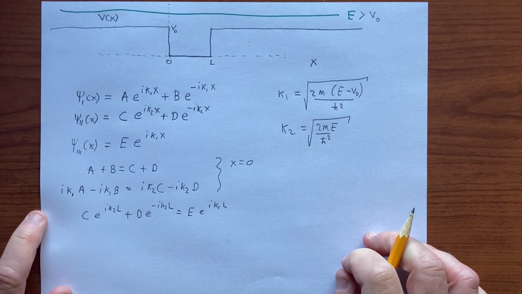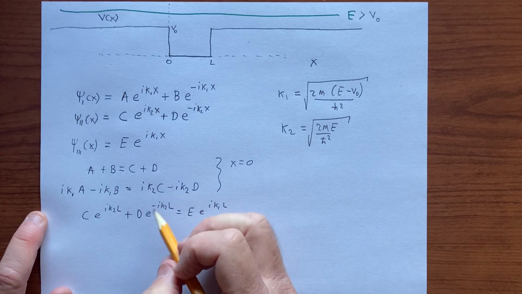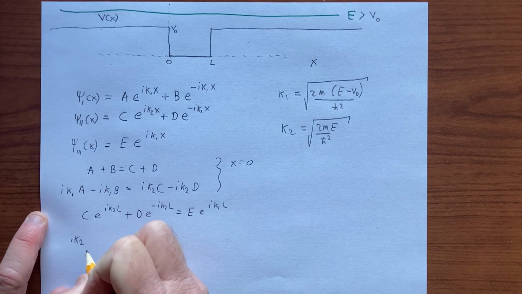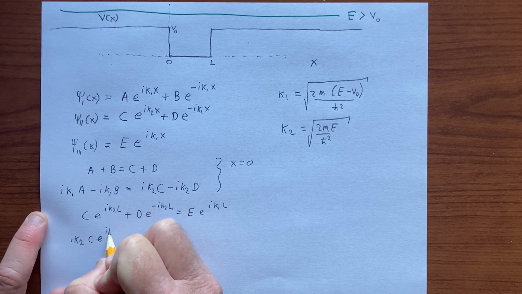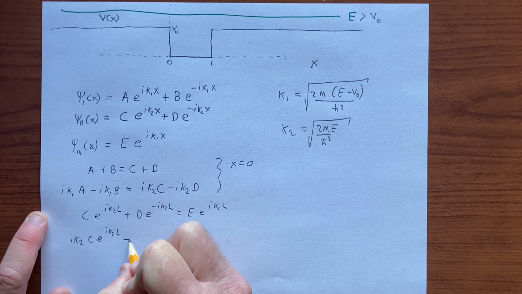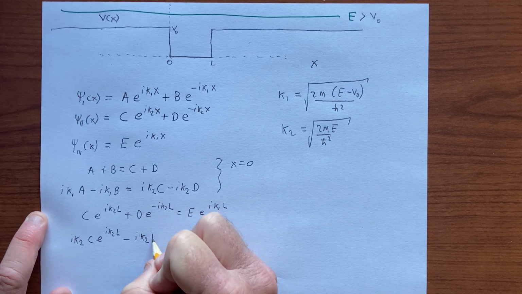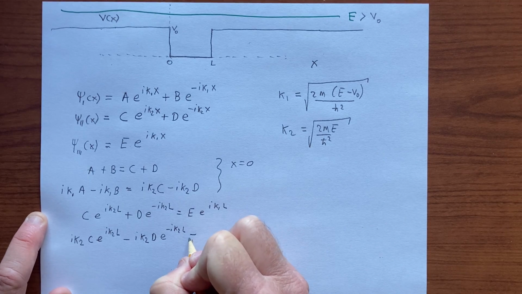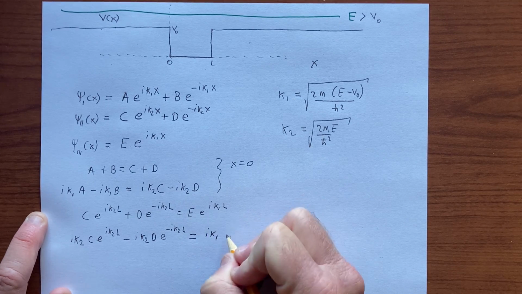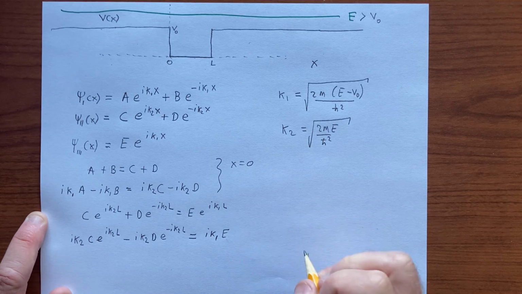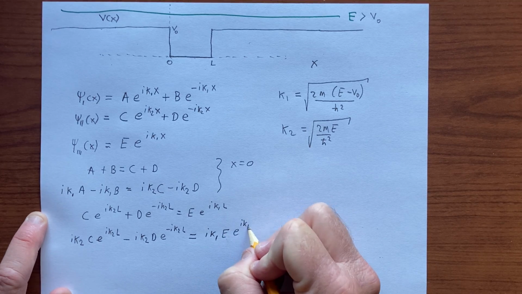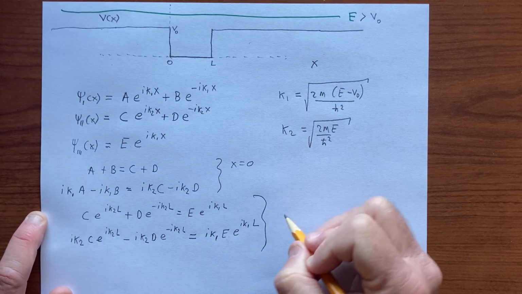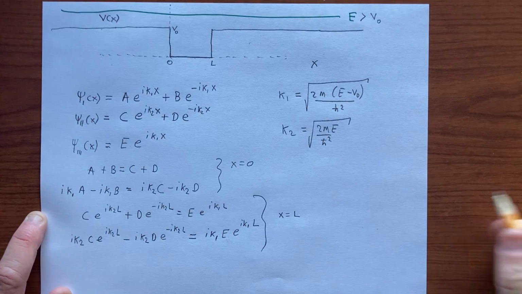And then the first derivative of these functions gives us i k2 c e to the i k2L minus i k2 d e to the minus i k2L, and that has to equal i k1 e to the i k1L. And so these are the boundary conditions at x equals L.